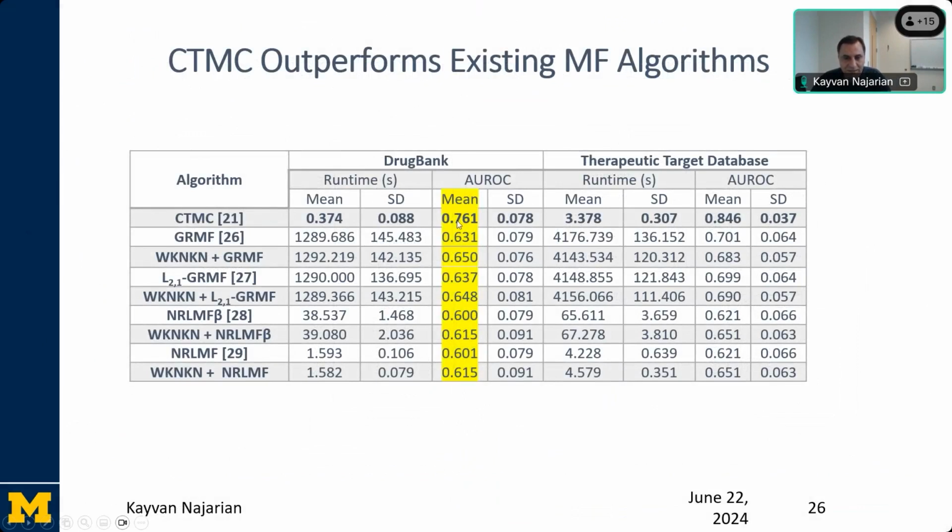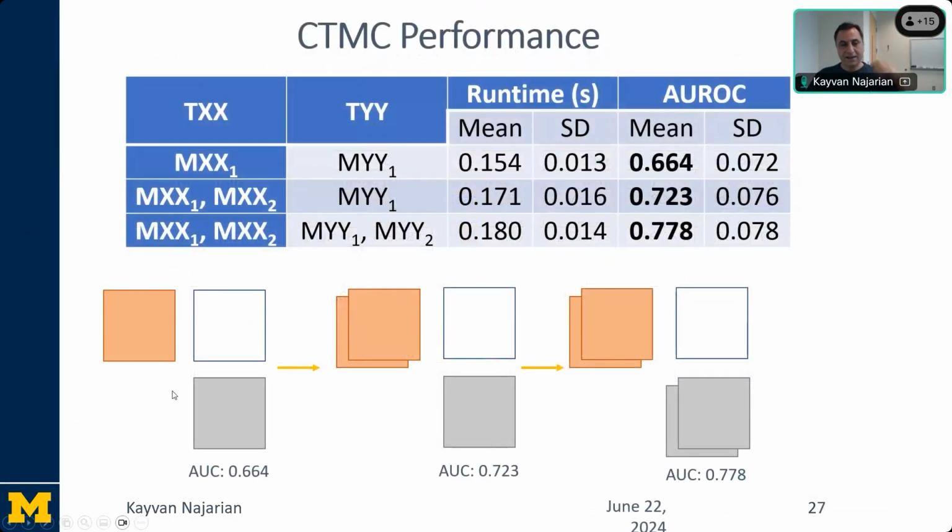And as you can see, compared to other techniques, our technique gets significant improvement, sometimes 10 to 15%, which is understandable. We are systematically and algebraically incorporating the auxiliary information into the process. And I show you here that systematically, as you add more information, the system gets better.